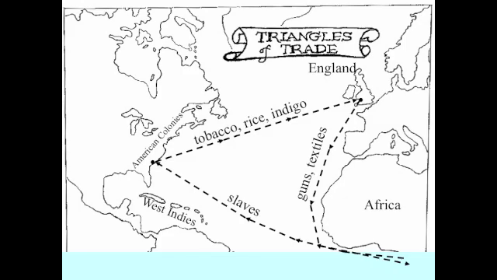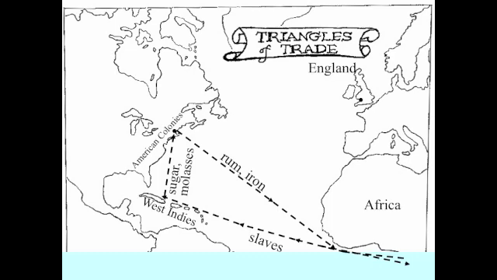England would in turn ship guns and textiles to African nations, and in return for those items, the African nations would provide the English and other European countries with slaves that would be shipped to the 13 colonies and also to the Caribbean and South America.